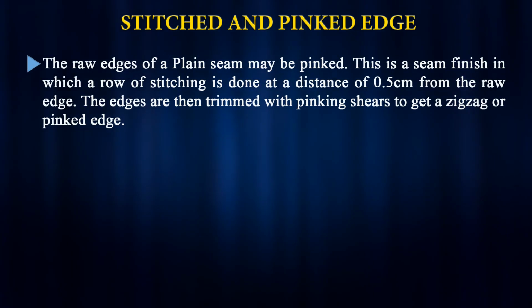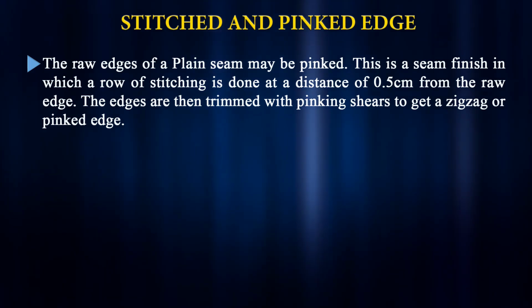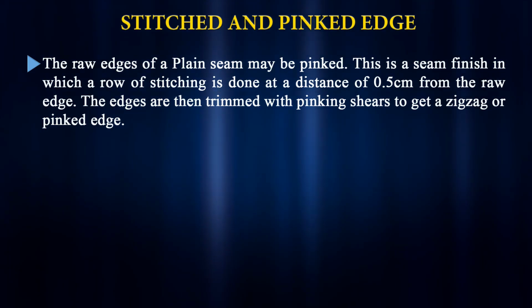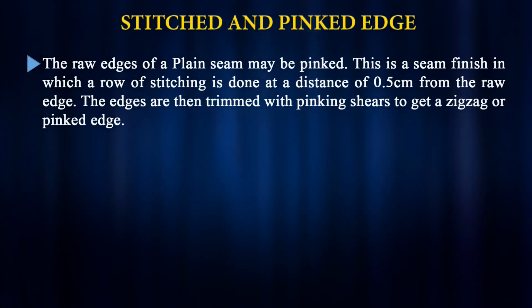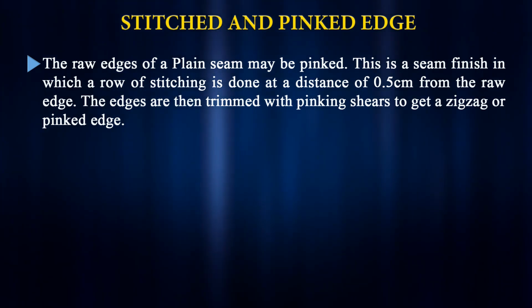This is a seam finish in which a row of stitching is done at a distance of 0.5 centimeter from the raw edges. Like if we have the allowance of 1 centimeter or 2 centimeter, from 0.5 centimeter from the raw edges, we do the pinked process.